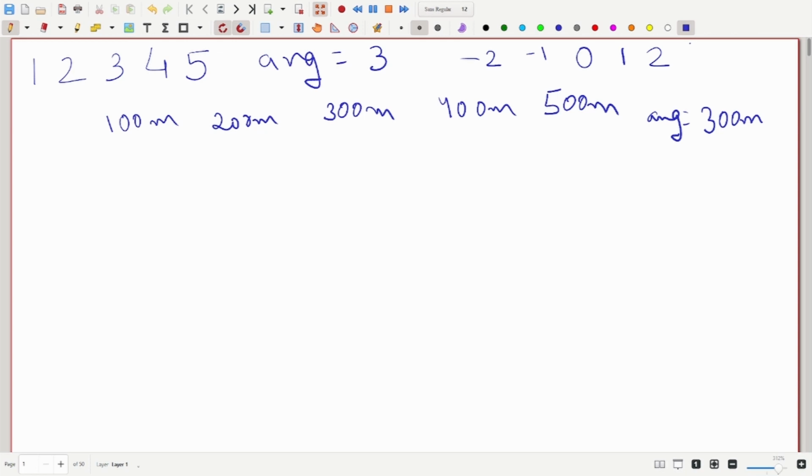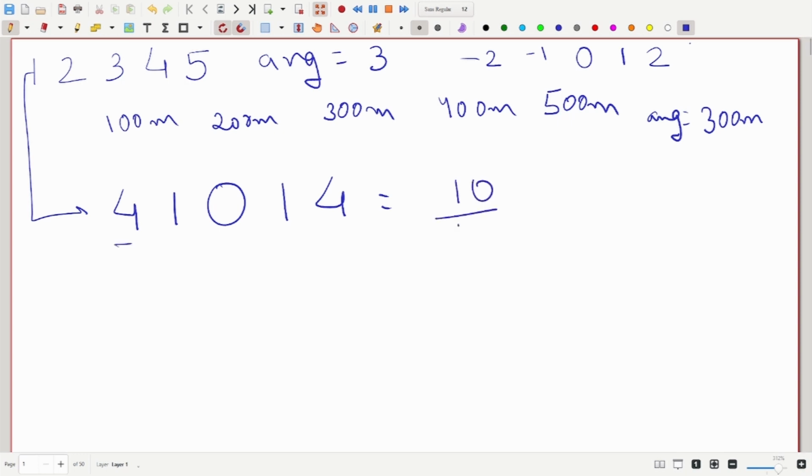Now what is the standard deviation? How will you get the standard deviation? Let us take this example right now. I will come to both examples right now. Please see. Minus 2 square is 4, minus 1 square is 1, 0 square is 0, then we have 1, then we have 4. So we have 10 as the sum and divided by n, which is 5 here.